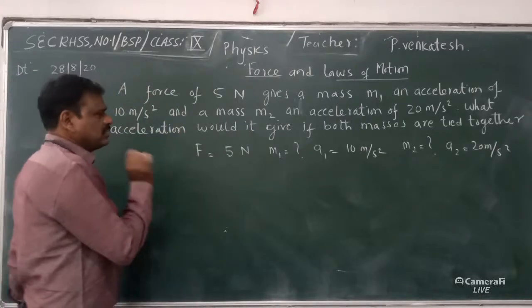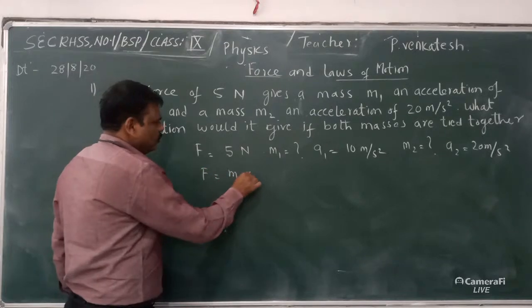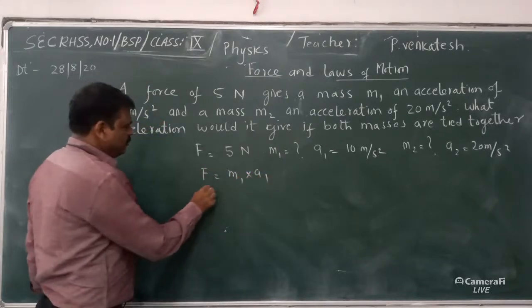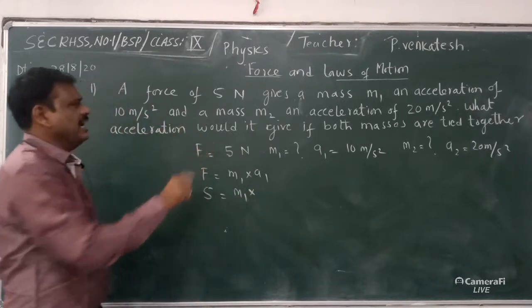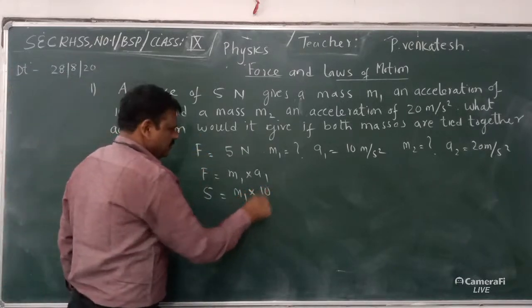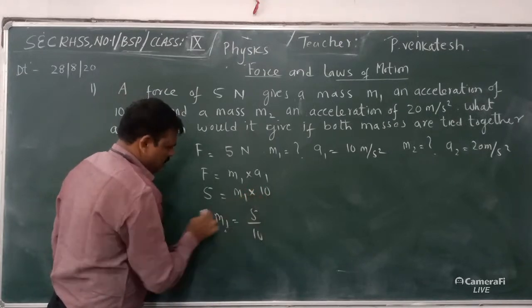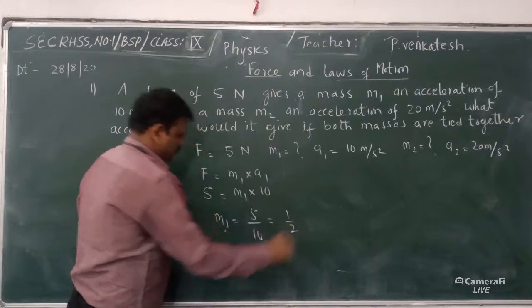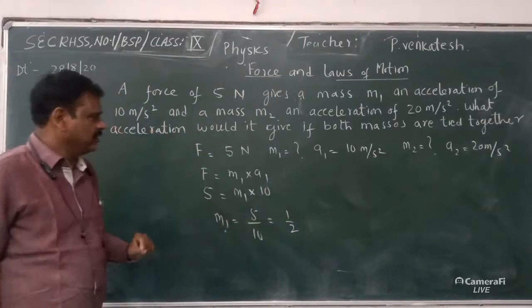Now see here, force is given, F equal to m1 into A1. Force is 5 newtons, 5 equal to m1 into A1. What is A1? 10 meter per second square. Or m1 equal to 5 by 10, that is equal to 1 by 2. You got the mass of the first object, that is m1 equal to 1 by 2.